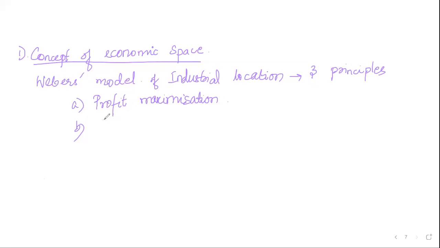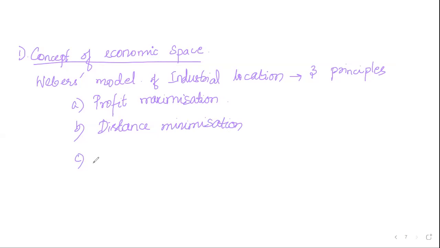The next thing is distance minimization. You will be reading more about this. This is just a rough outline. Suppose I need to transport a raw material for about 300 kilometers to reach my industry. Is that viable?